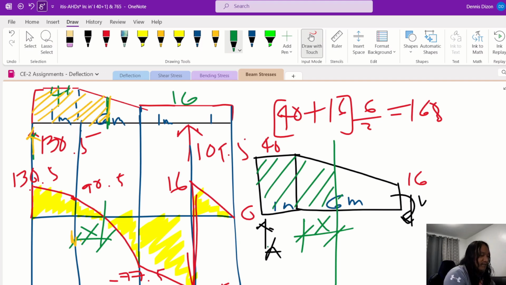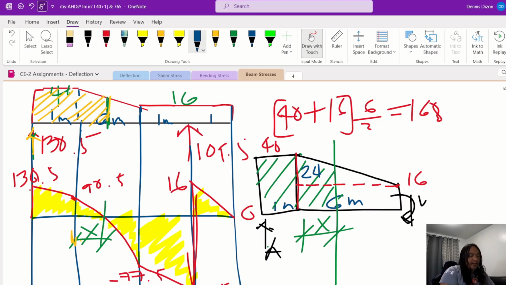Now we will determine the equation of this line. If we draw a horizontal line and divide that into a triangular and a rectangular load, this is 16 and the total height of the trapezoid is 40, therefore this one here is 24.